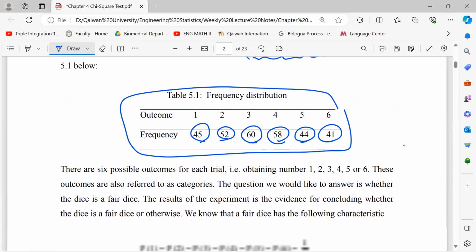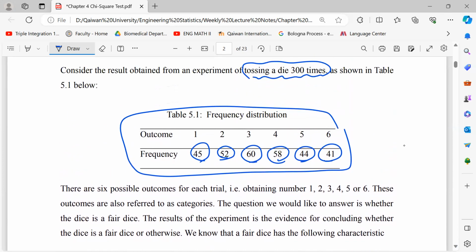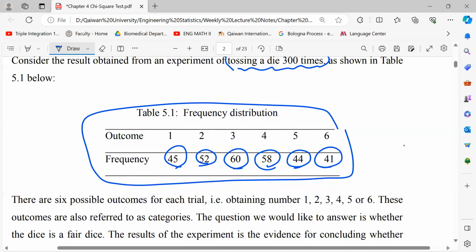Okay? Here we need to care about the dice, whether it is a fair dice or not. If it's a fair dice, the probability of obtaining any of the outcomes must be the same. The probability of 1 must be equal to the probability of 2, must equal the probability of 3, and so on.